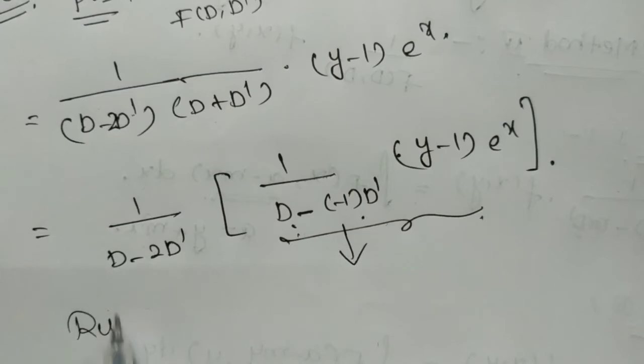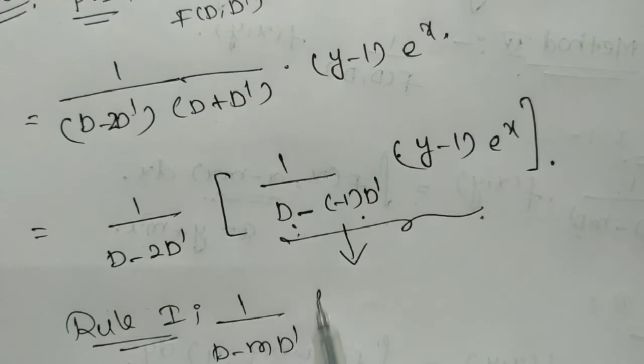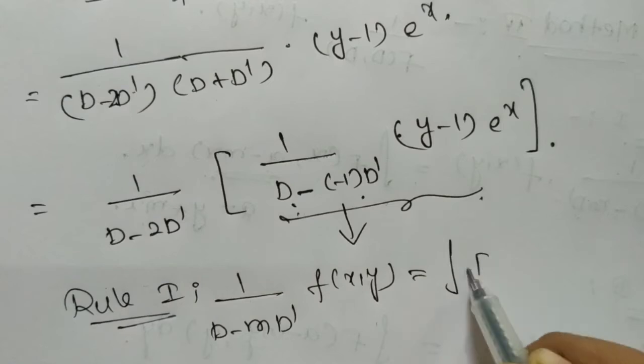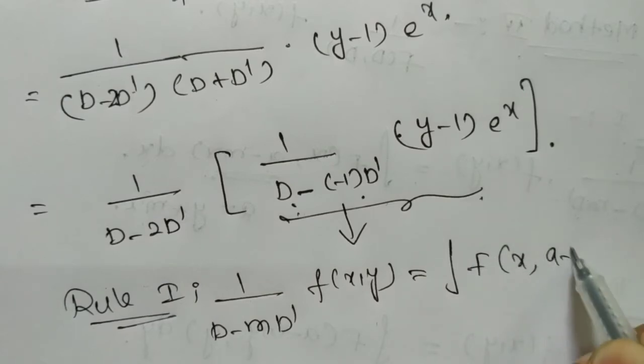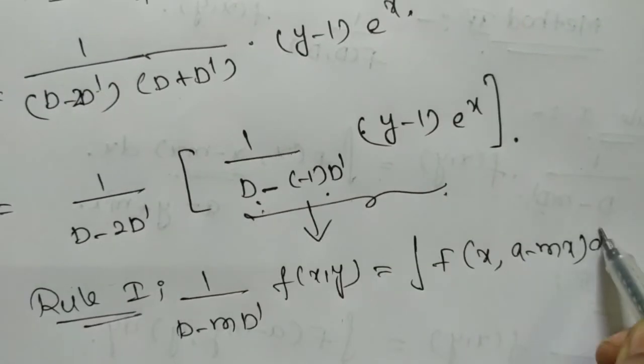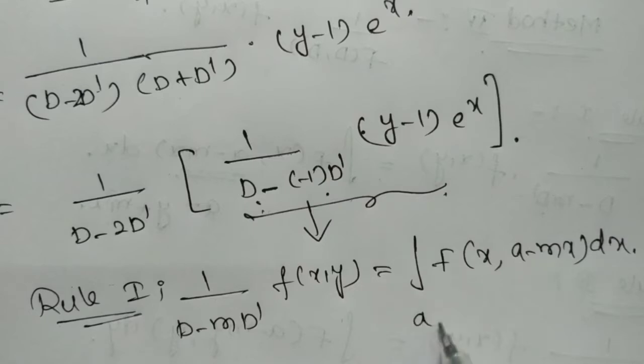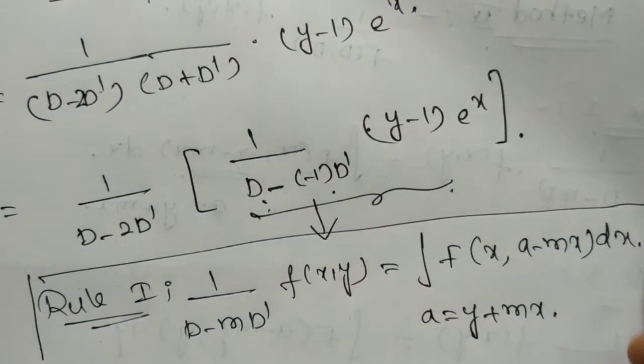Once again I repeat rule 1: 1 by D minus mD dash into f of x, y equals the integration of f of x, a minus mx into dx, and here a equals y plus mx.